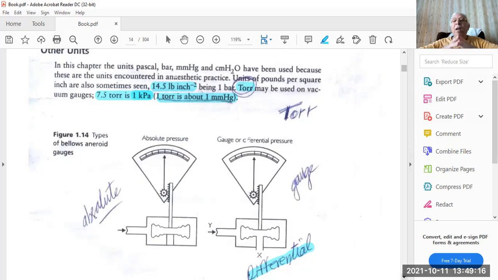On the other hand, there are other units used in the States for expressing pressure in cylinders, which are pounds per square inch. As we can see, 1 bar equals 14.5 pounds per square inch.